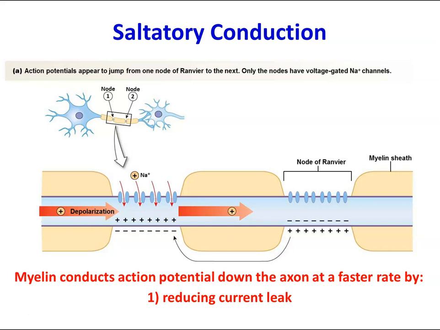Now, everywhere in cells, in all plasma membranes of a cell, you're going to have leak channels, okay? And if you have a leak channel, then your electric charge is going to start to travel laterally. And if you have a lateral movement of that charge, then you're going to lose conductivity.